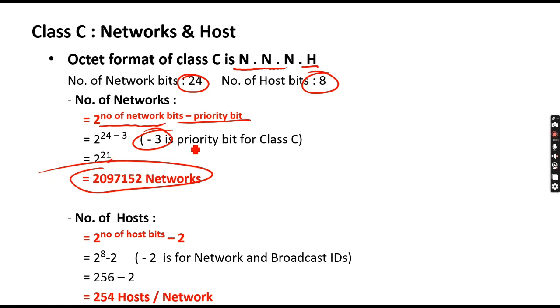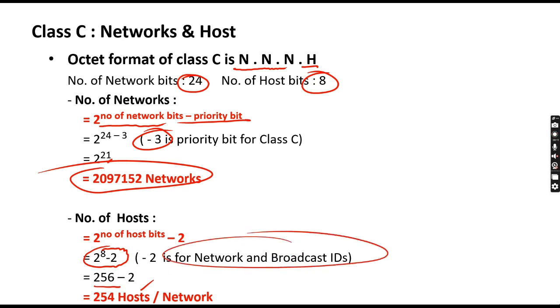This many networks you will get in class C, and the total number of IP addresses is 2 power 8 minus 2. It is total 256, valid is 2 power 8 minus 2, 254. Why this minus 2? Minus 2 because of your network and broadcast ID. So make sure the network and broadcast ID will be excluded from each and every IP address range.